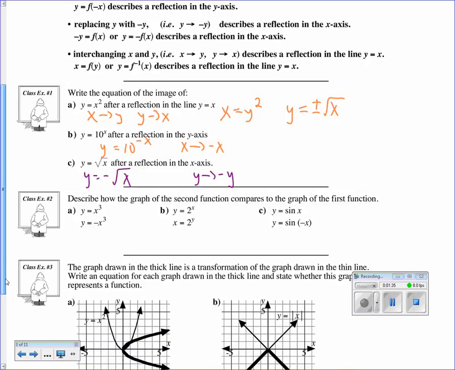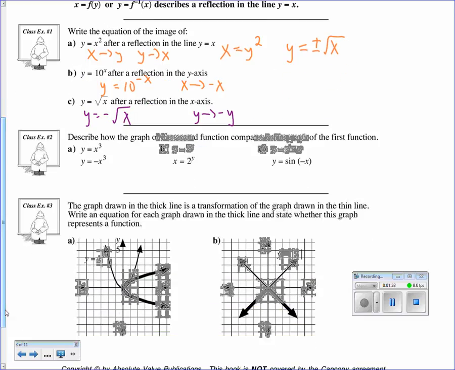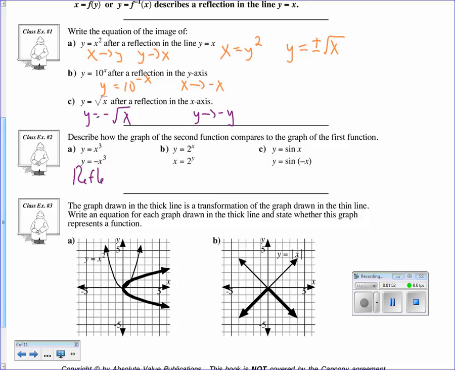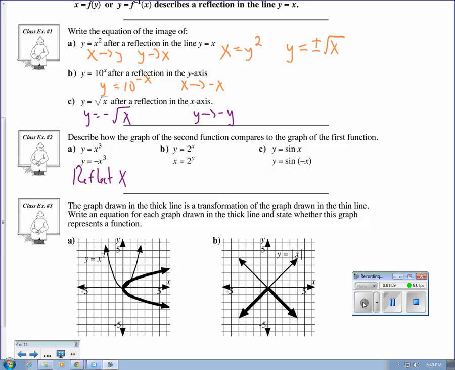Continuing with similar work, I'm looking at class example 2 and trying to figure out how the graphs compare. Well, I've gone from y equals x cubed to y equals minus 1 x cubed. So that's a reflection in x because I manipulated my y. It's also possible that this is viewed as my x being replaced with that negative, just depending how those brackets are interpreted.